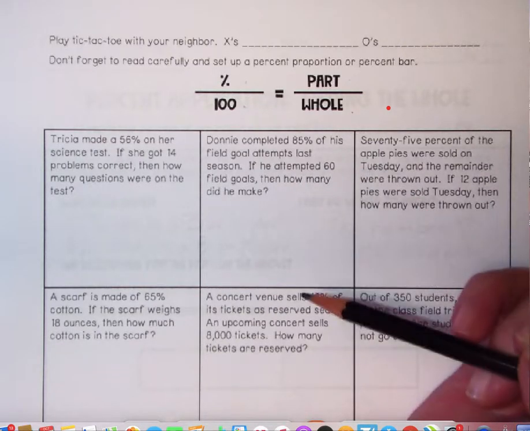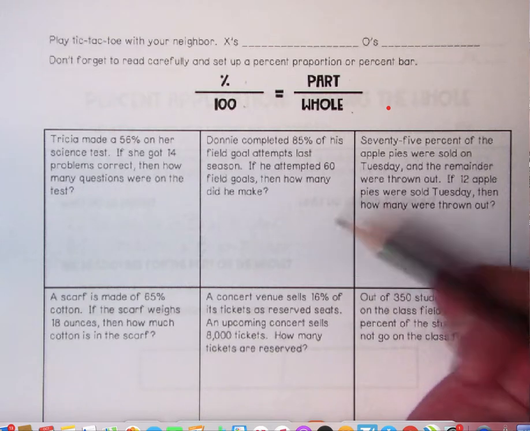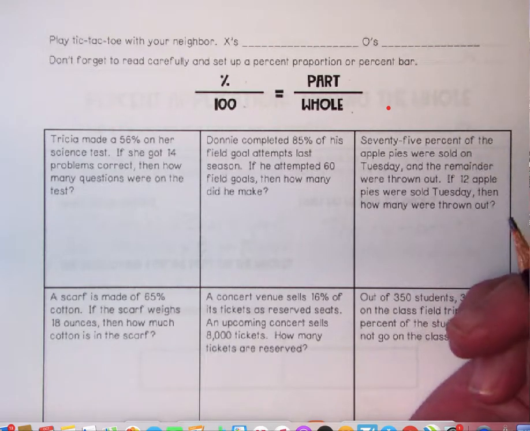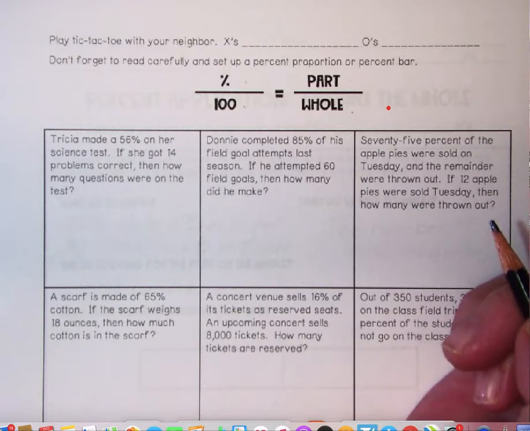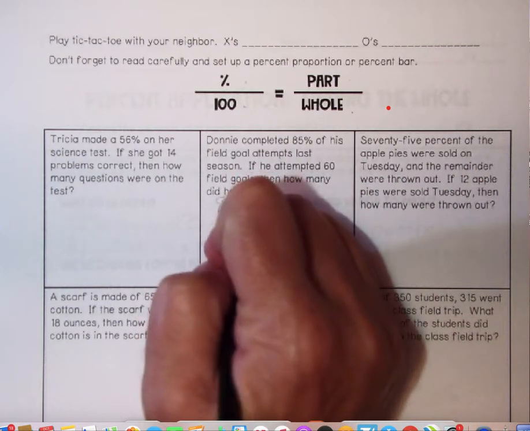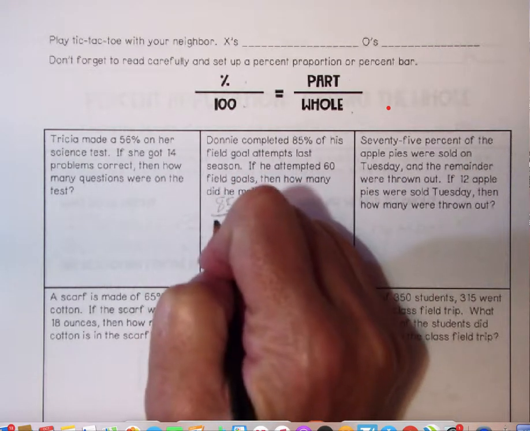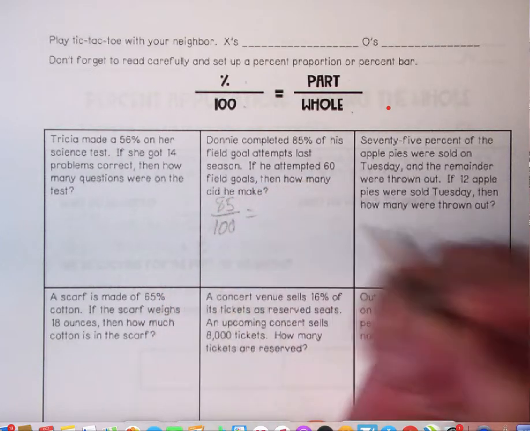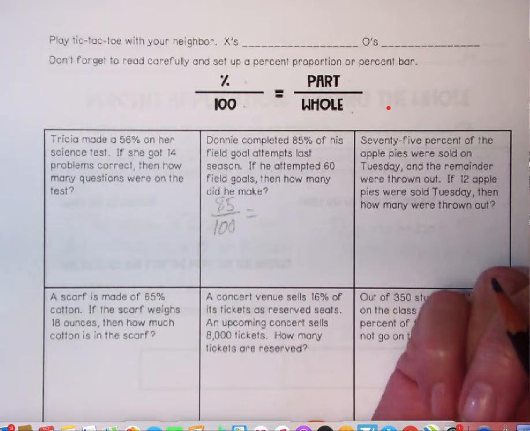Donnie completed 85% of his field goal attempts last season. If he attempted 60 field goals, then how many did he make? Well, 85% over 100. Is the 60 the part or the whole?